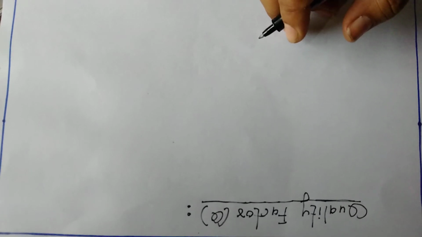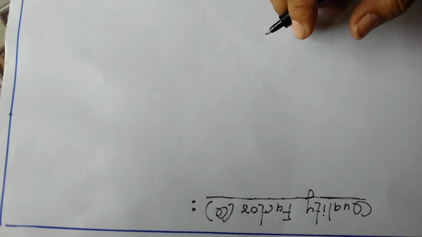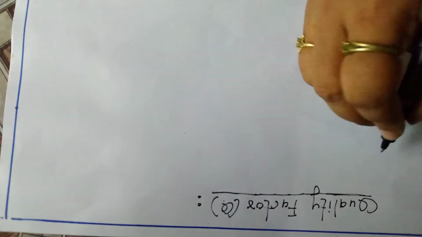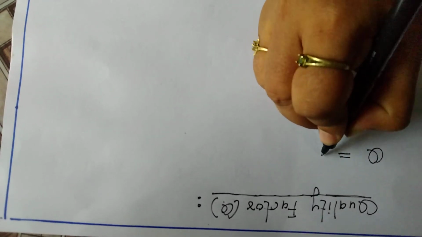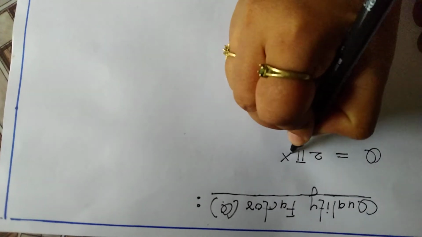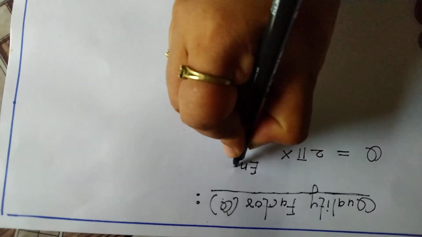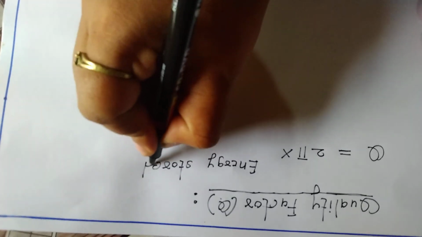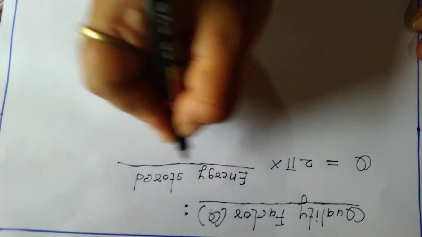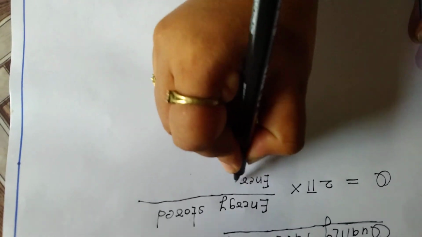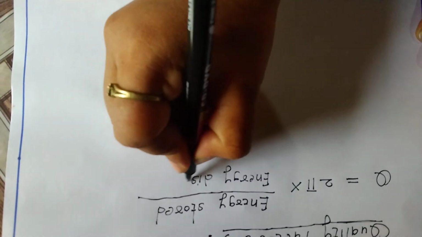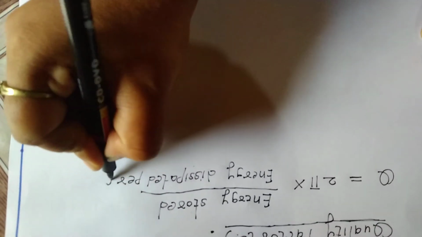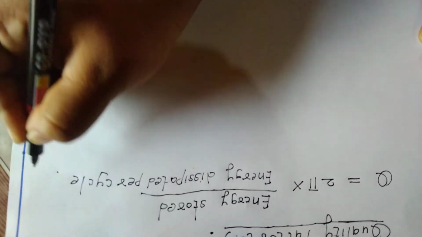It is defined as the ratio of energy stored per cycle to the energy dissipated per cycle. It is denoted by Q. Q is equal to 2 pi into energy stored divided by energy dissipated per cycle.